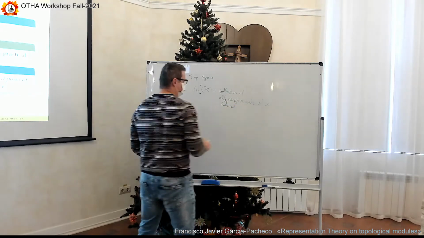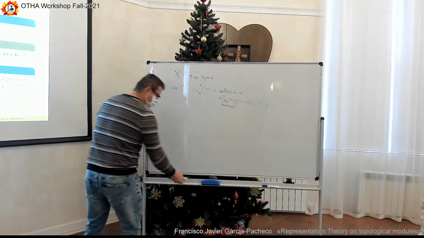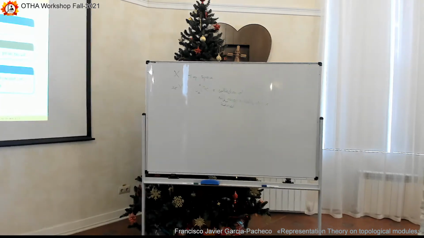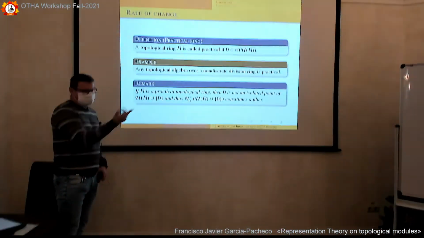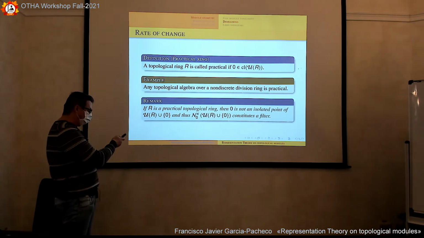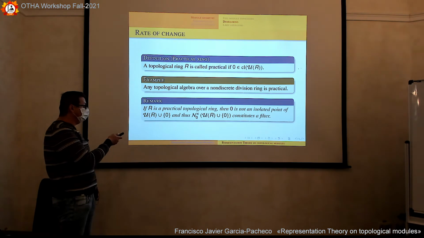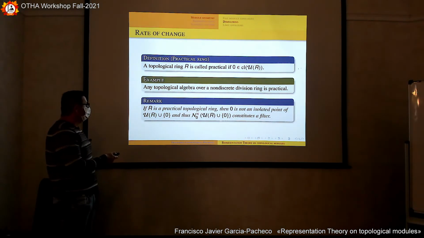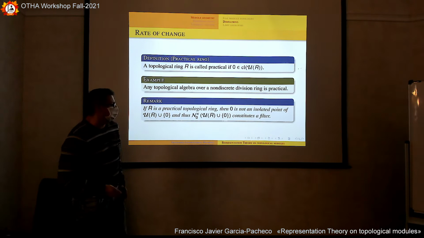This is just standard notation from topology. Actually that collection is a filter. For the collection of reduced neighborhoods, we need 0 not to be isolated. We need that point in particular not to be isolated in order for this to become a filter, in particular a filter base, and then we can take the limit.